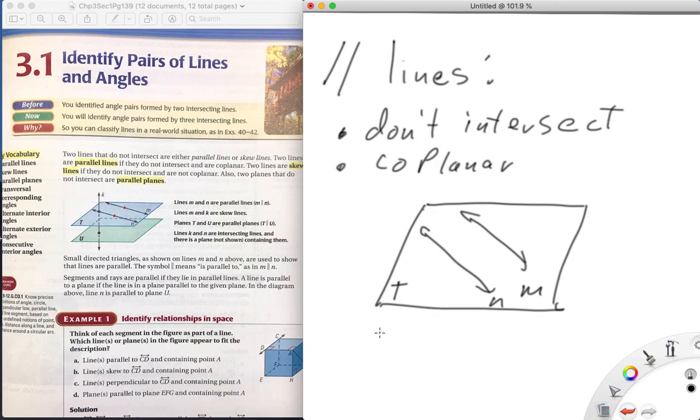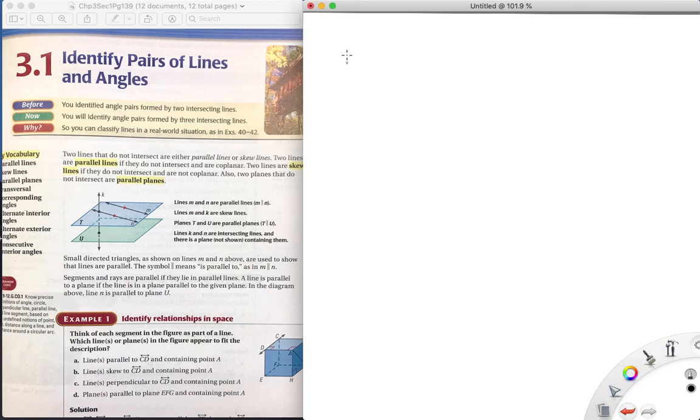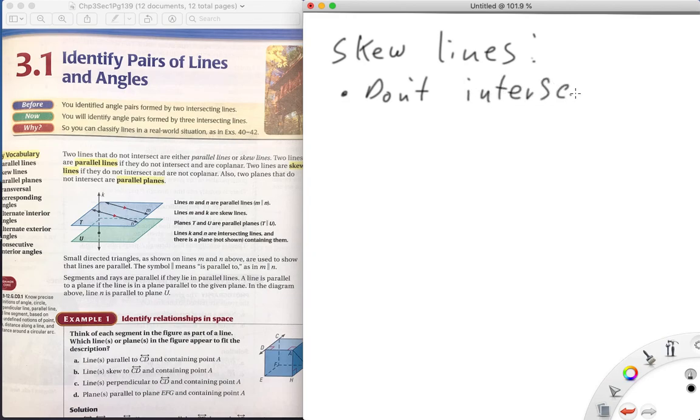Then we have this other plane here. I'm going to get rid of that. Then we have something called skew lines. And skew lines are lines that don't intersect and that are not coplanar.